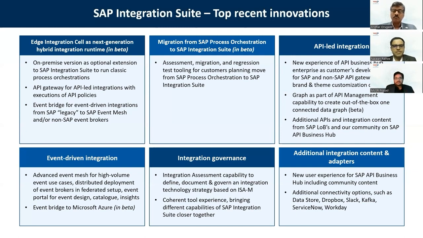Thank you, Prasad, for answering that. The next question is how to move from the SAP PO B2B toolkit to SAP Integration Suite. Basically, SAP PO is very much compatible with the BTP scenarios. But when it comes to SAP Integration Suite, we have a service called Integration Advisor.